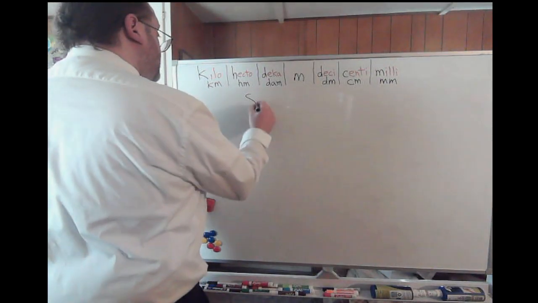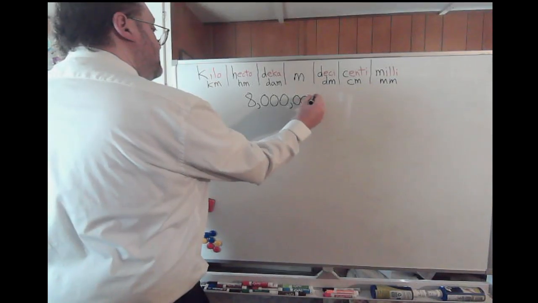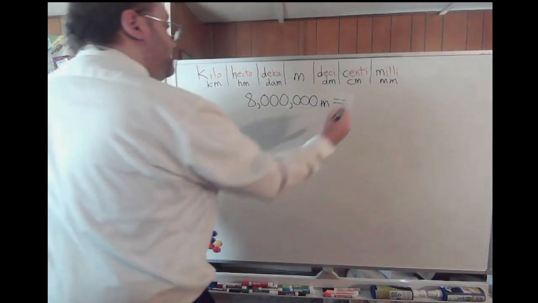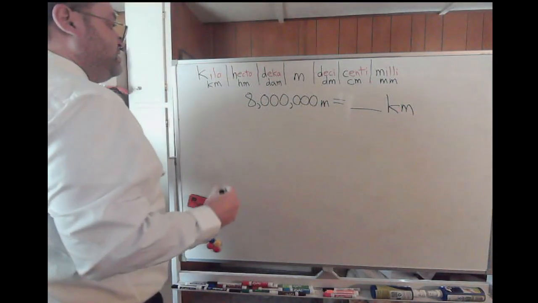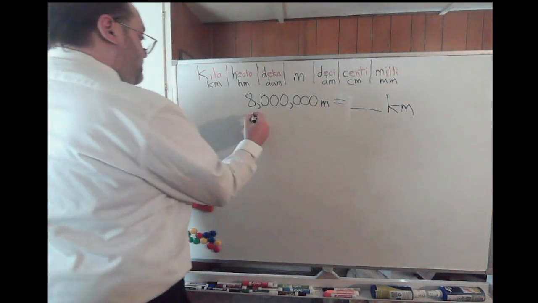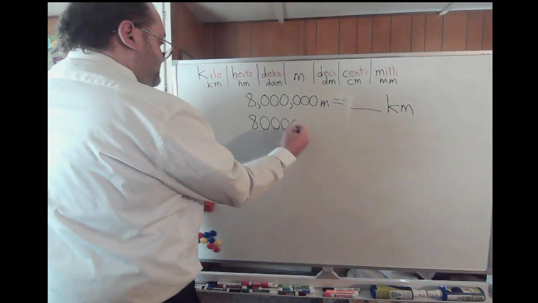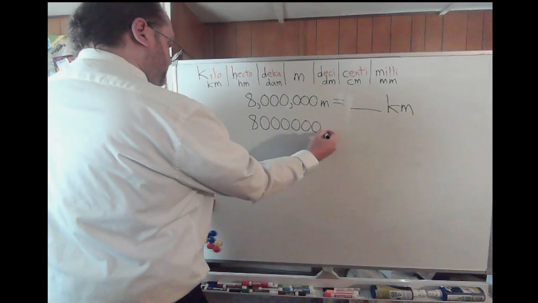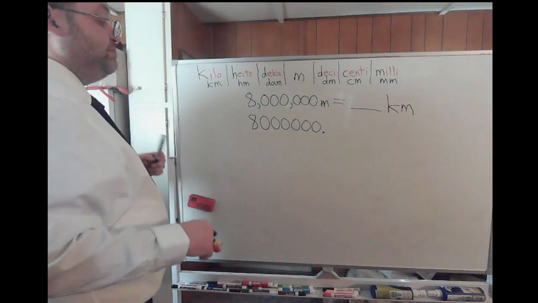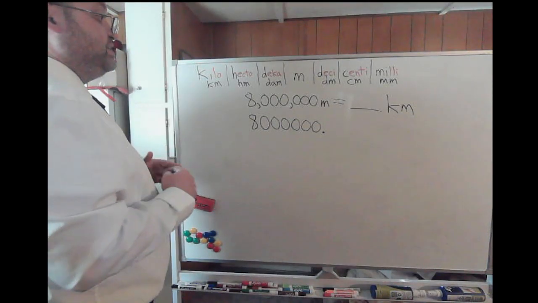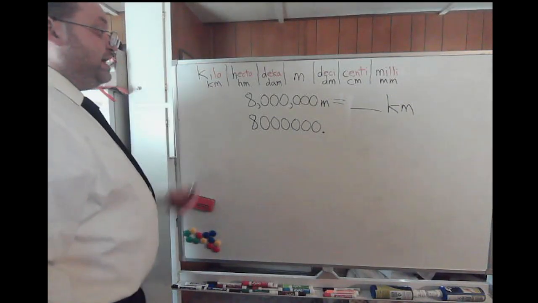Oh, good one. Let's say we have 8 million meters. They want to know how many kilometers that is. I'm going to write it without the commas for simplicity's sake, because it'll get confusing when we're trying to work with decimals. I'm going to put the decimal point after the last 0. So you have 8 million meters.